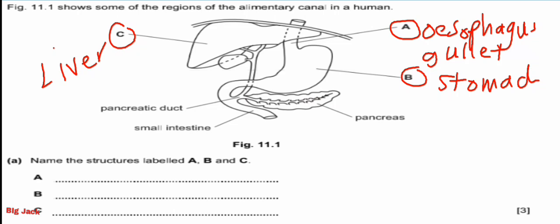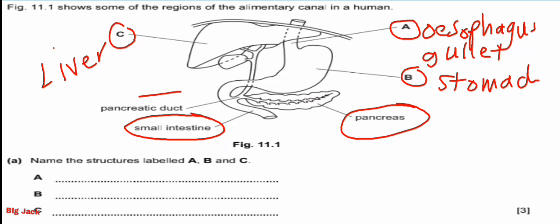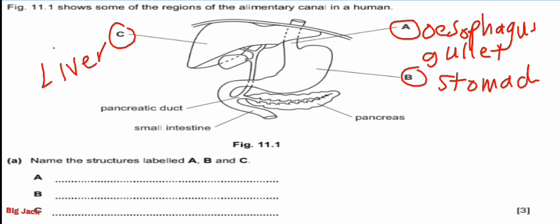Then as for C, C is going to be the liver. It has many metabolic functions like bile production, heat production, destroying of used up hormones, and so on. And in addition, we also have this structure which is called the pancreas. We also have the small intestine and also the pancreatic duct. So let's see the next question.